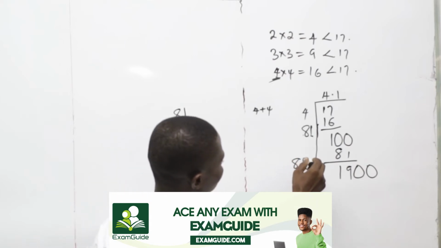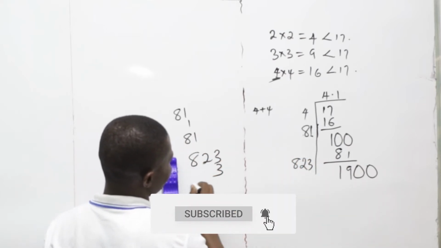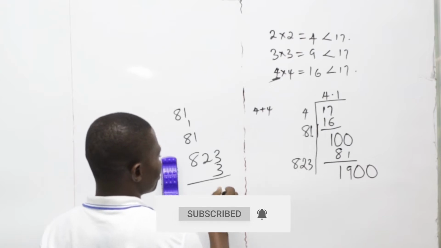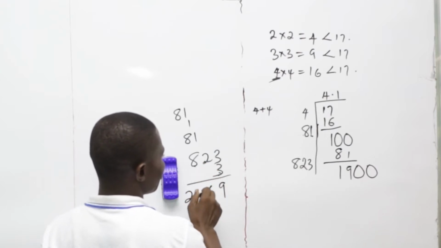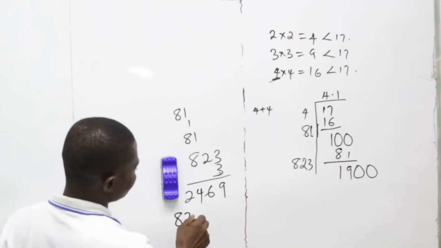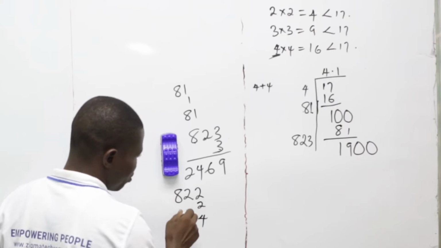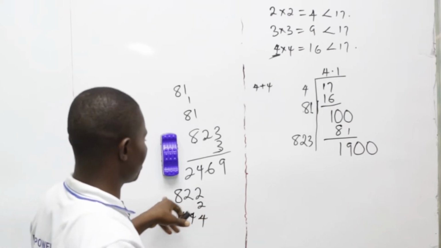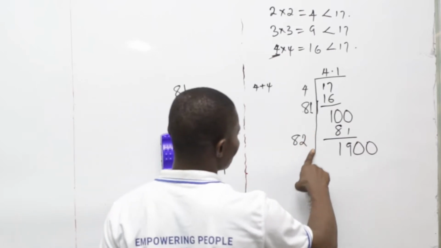Let us add 3. So 83 times 3. Let's see if it will give us 1,900. This is 9. This is 6. This is 24. It's bigger than this. Now let us say 82, 2. 2 here. This is 4. This is 4. 1, that's 16. 1,644 is very close. Therefore, we are choosing 2.